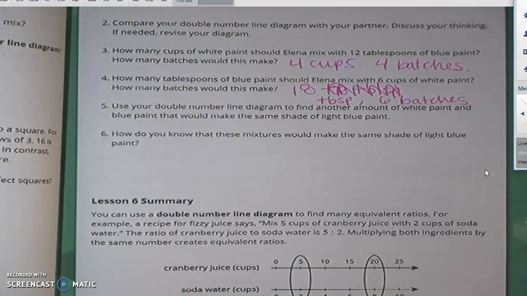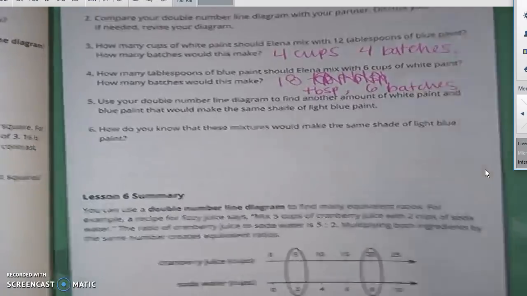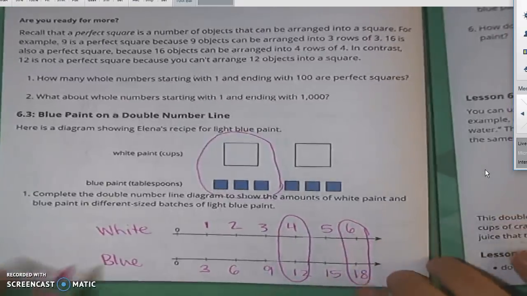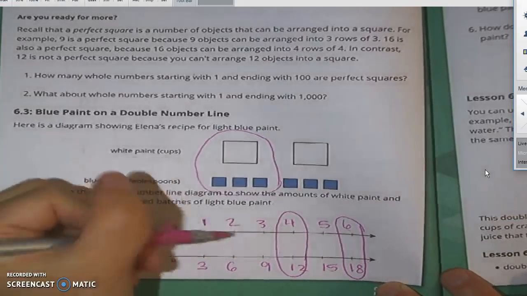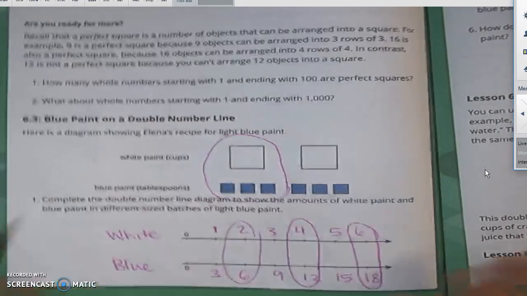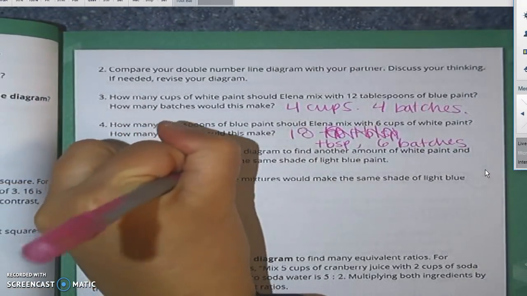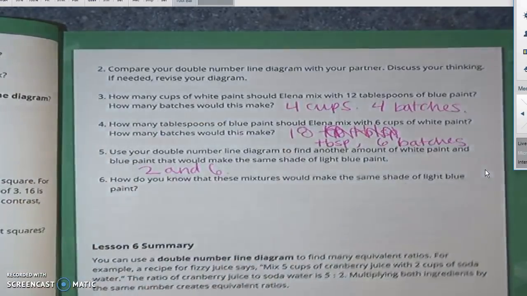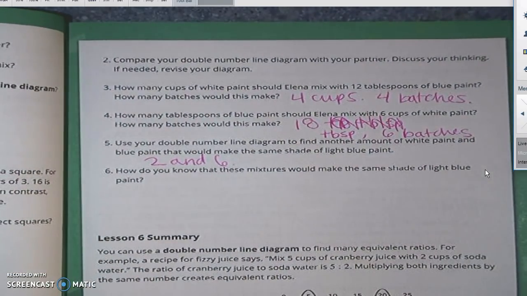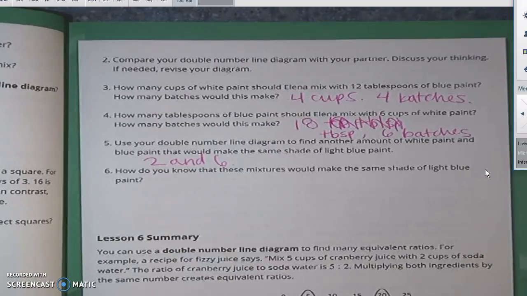All right, use your double number line to find another amount of white paint and blue paint that would make the same shade of light blue paint. Okay, so I can pick any of these. I'm going to use 2 and 6. And how do you know that these mixtures would make the same shade of light blue paint?